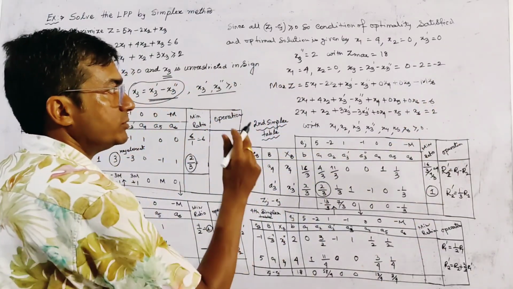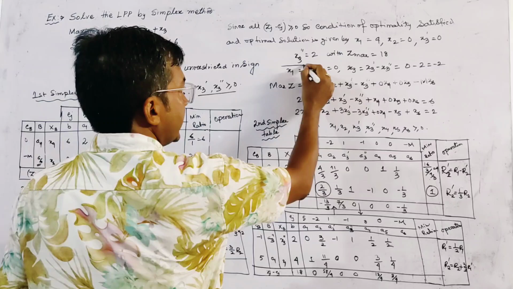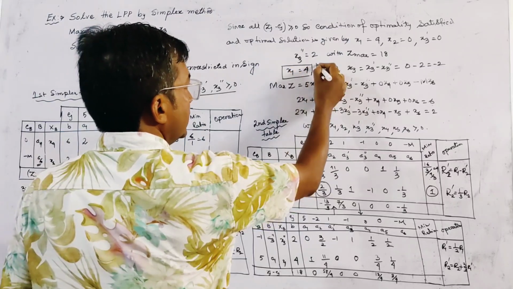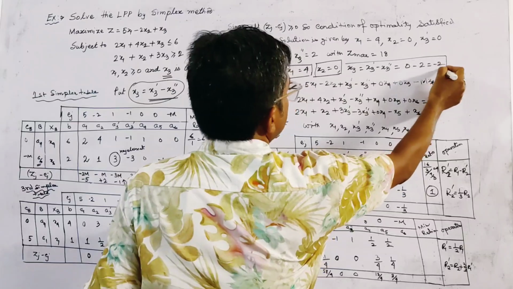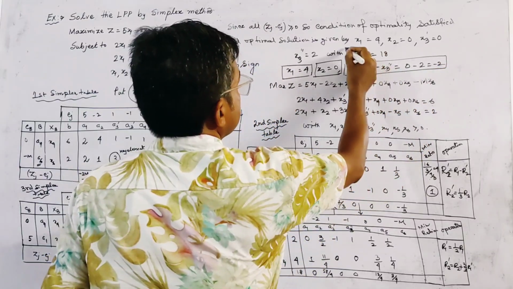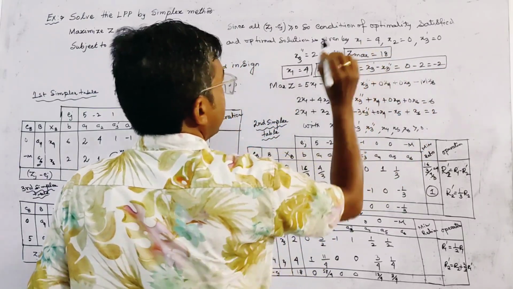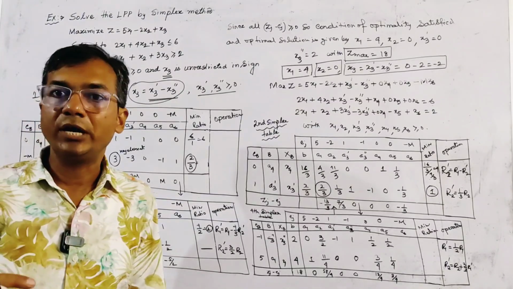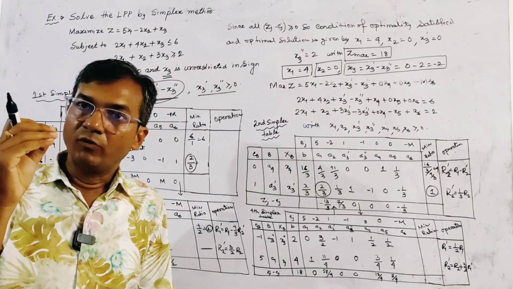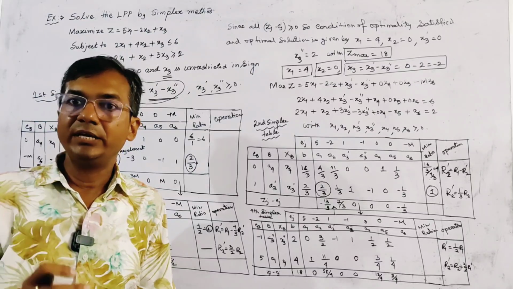So the solution of the LPP is x1 equal to 4, x2 equal to 0, and x3 equal to minus 2, with Z max equal to 18. Okay, this is the complete solution of the LPP with one variable unrestricted in sign.